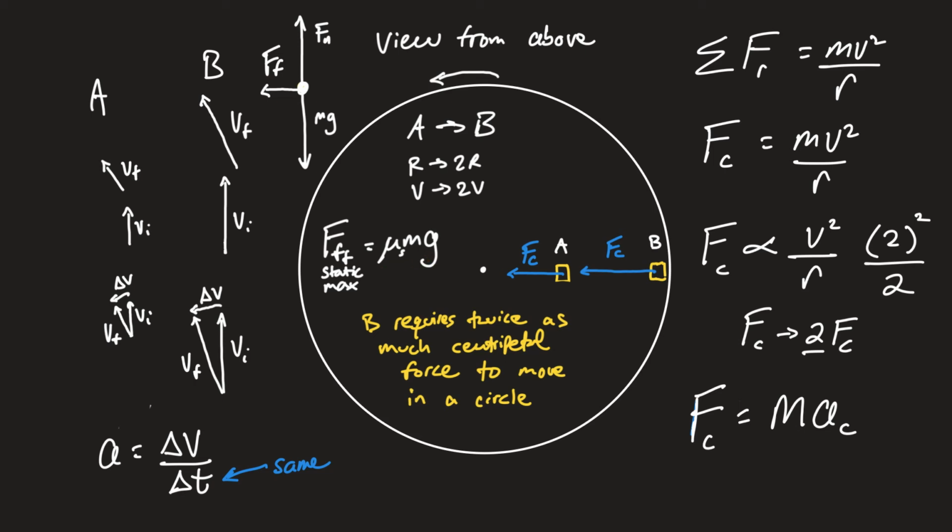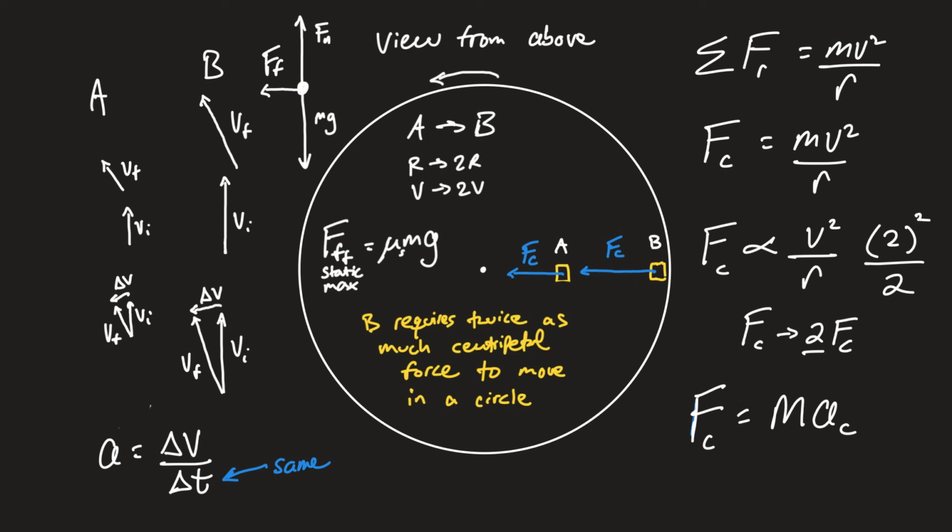Now, that was required in order to make the condition so we could solve for the maximum speed that it would go around. Because if you try to spin it any faster, friction cannot further increase its inward force to still allow you to be moving in that circle.